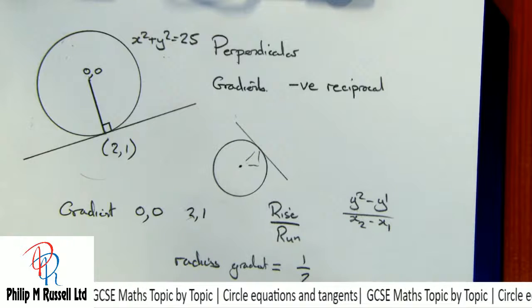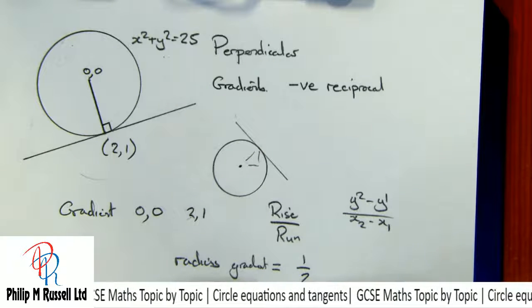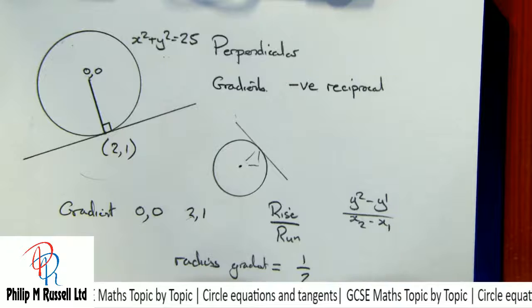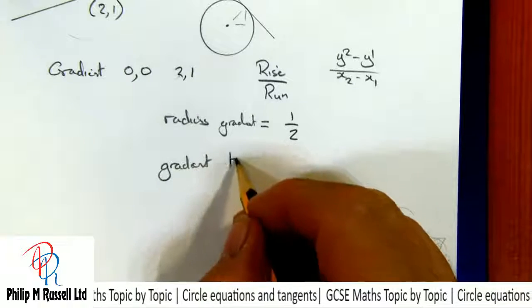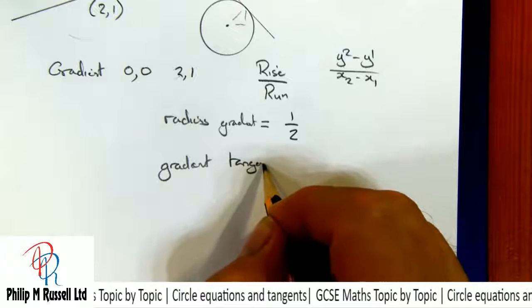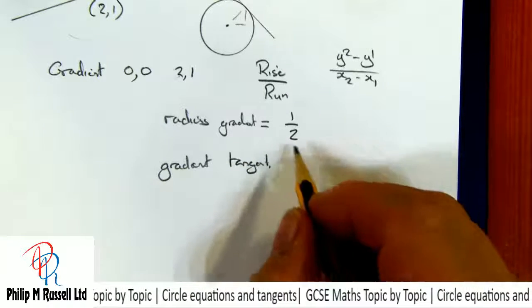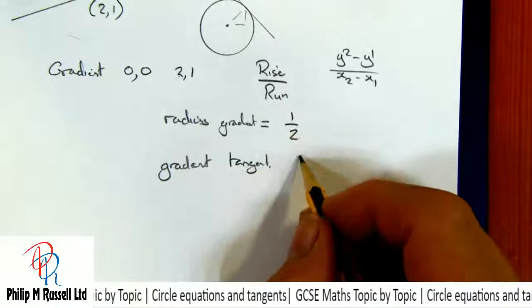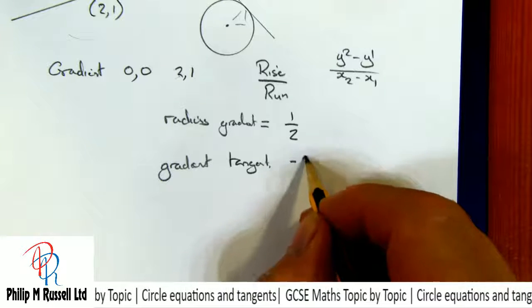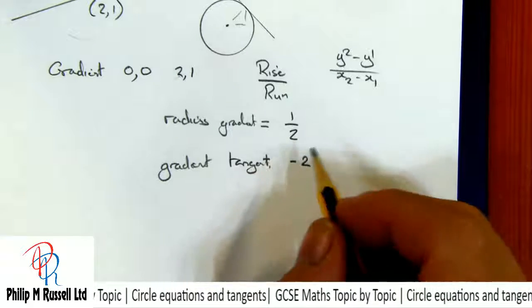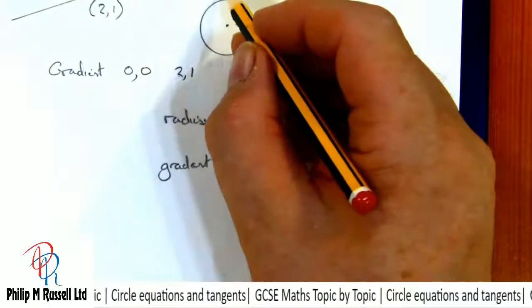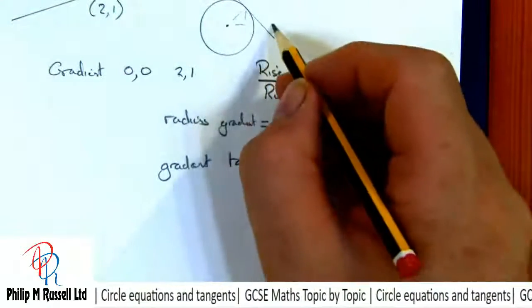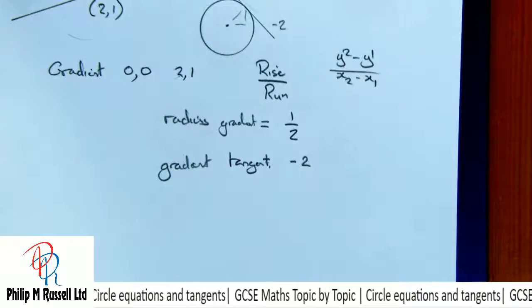Well, if it's a half, then the gradient of the tangent is going to be the negative reciprocal. The reciprocal of a half is 2, so it's going to be minus 2. And that would fit with this line going this way, which is minus 2.